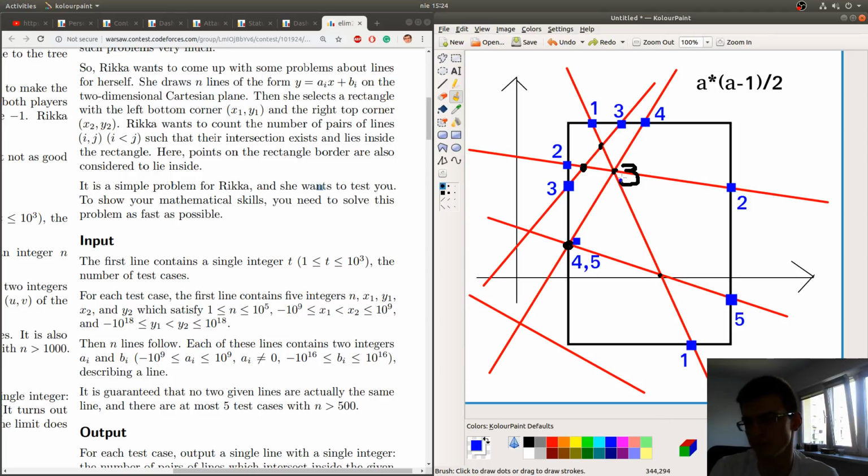I don't know how to describe it well, but for another pair to intersect it, one number must be on one side and the other number must be on the other side. It doesn't necessarily mean that it must be on this side of the rectangle. This one could also be here, for example.